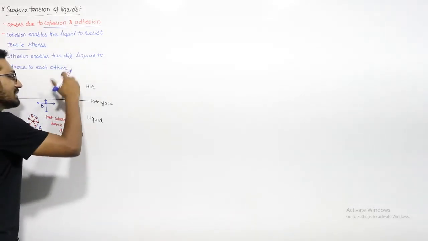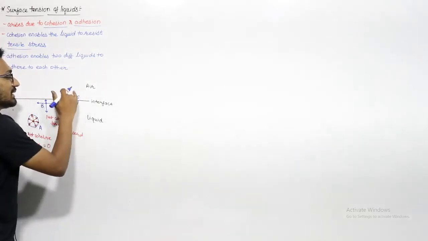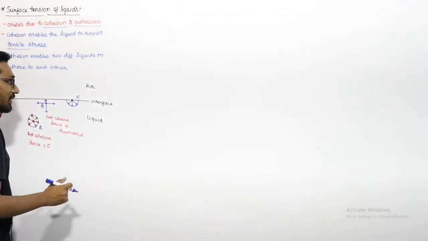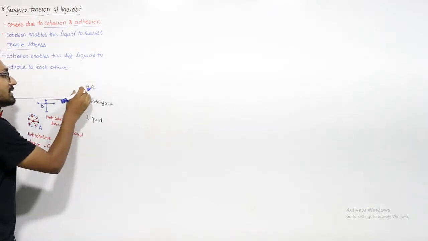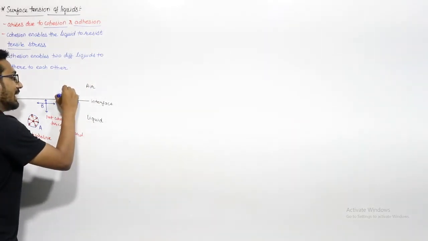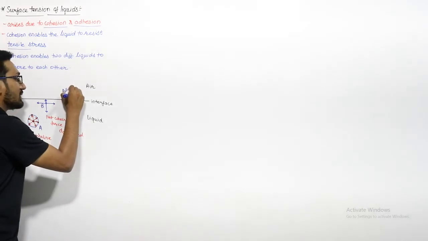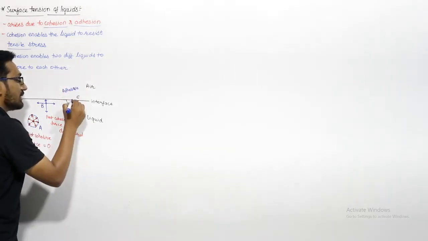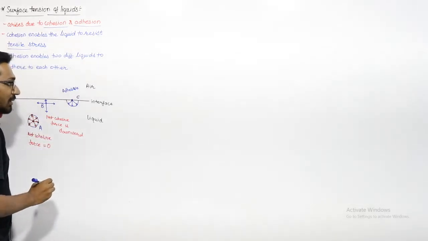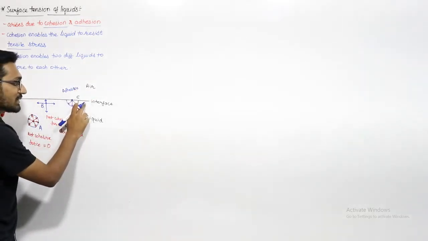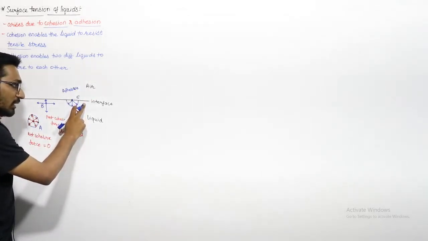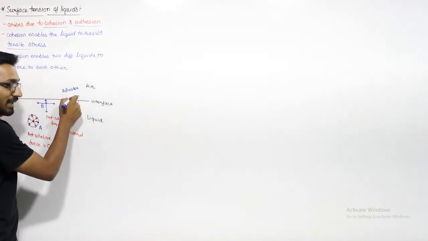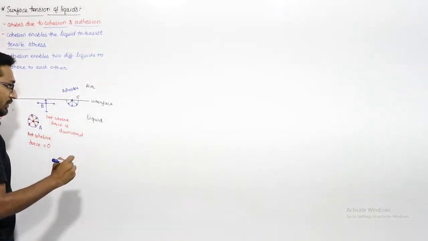And above this interface, there are air particles, and these air particles apply the adhesive force on this particle C. Because here the air particles apply the intermolecular force of attraction on the liquid particle, it is the adhesive force.